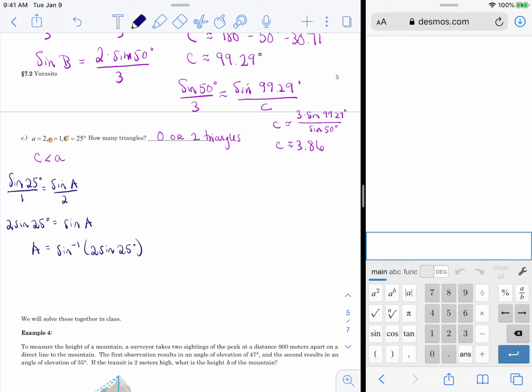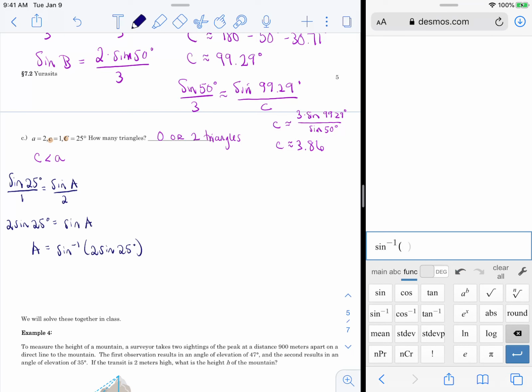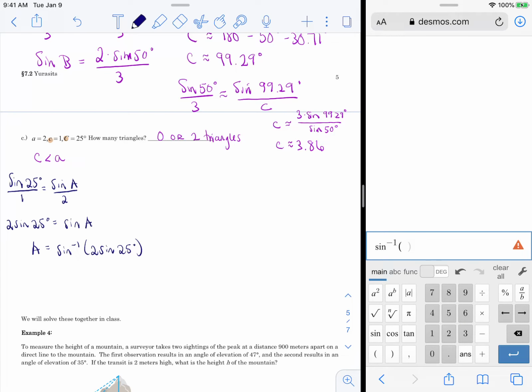So when I go to my calculator, if I put this in and it tells me undefined, then I know it's 0 triangles. If I get an answer, then I know it's 2 triangles. So inverse sine of 2 times sine of 25 degrees.